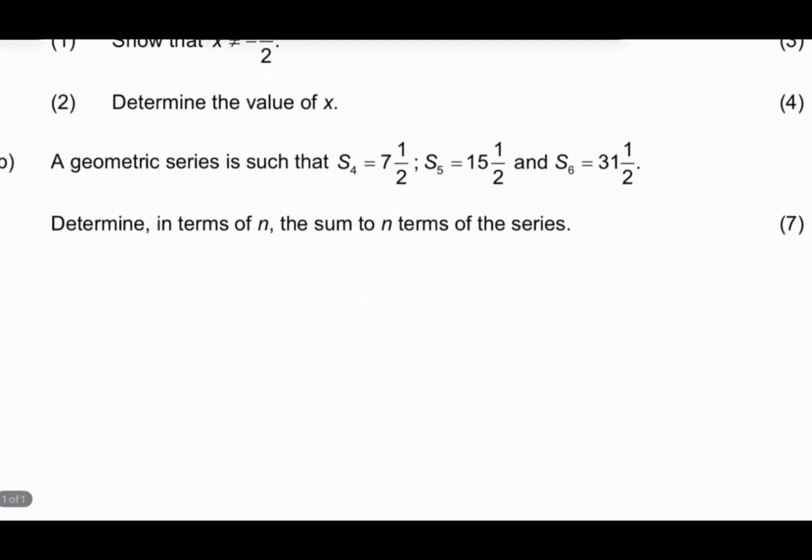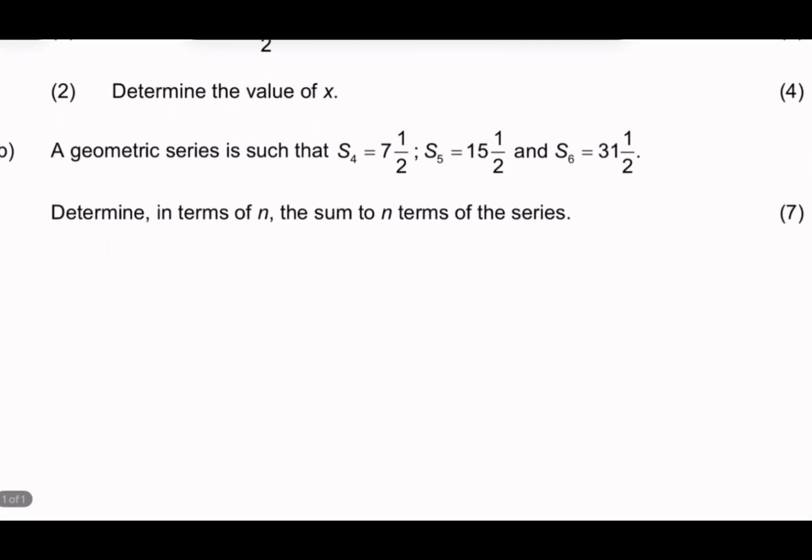And what we're learning from B is we have a geometric series. Obviously, it's a different geometric series now, but we're given a geometric series here, and it's important to keep in mind that this is geometric. We are given that S4 is equal to that, S5 is that, and S6 is that.